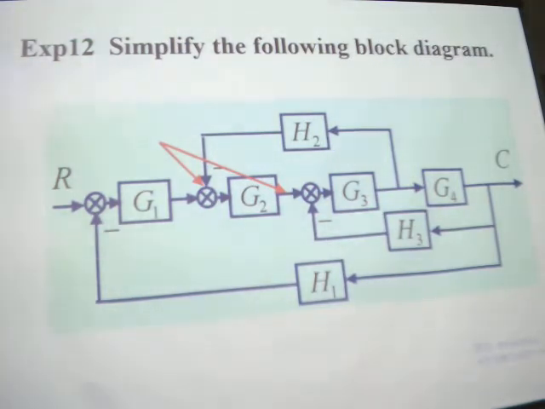Now then we have this is H1. And you can see in this place we add a transfer function G4. And also in this place we add G2.